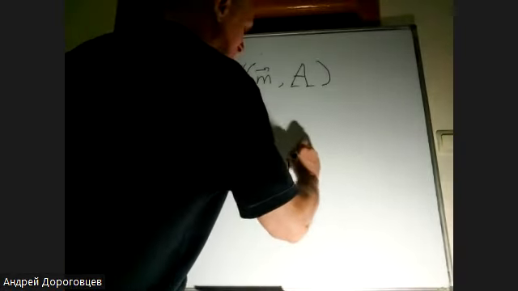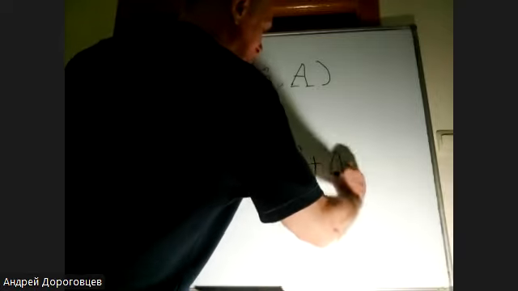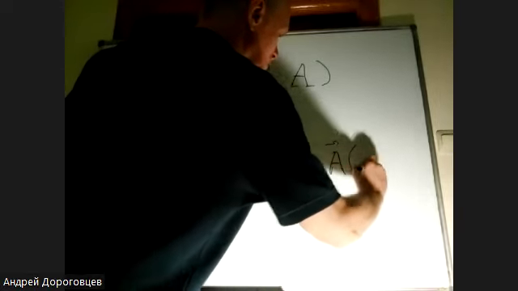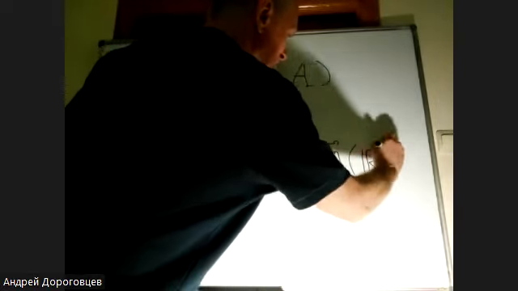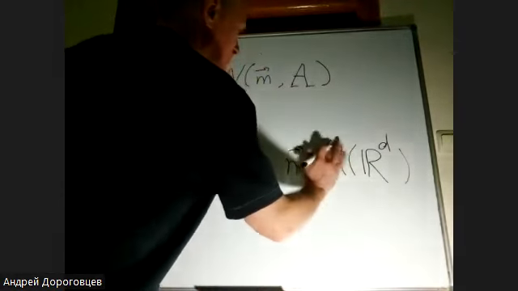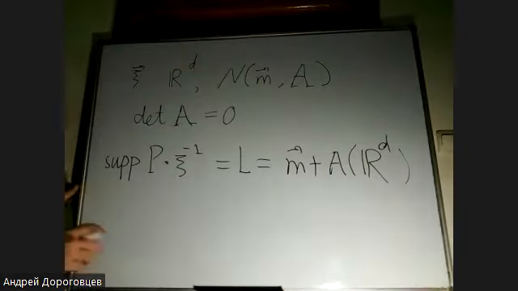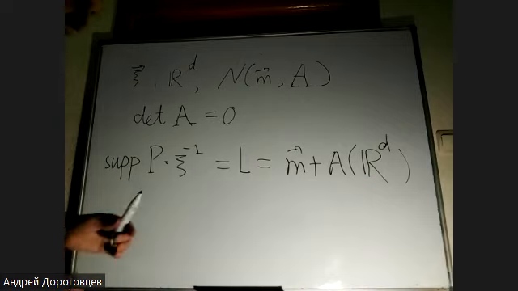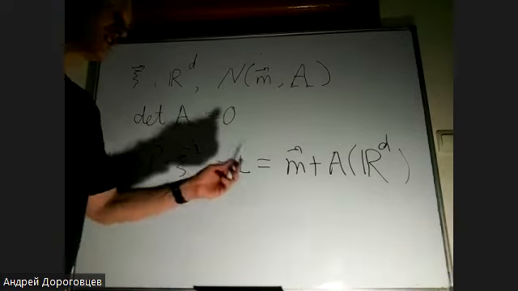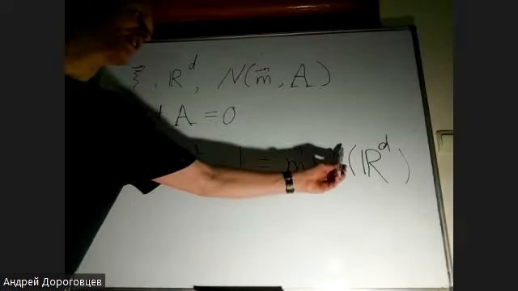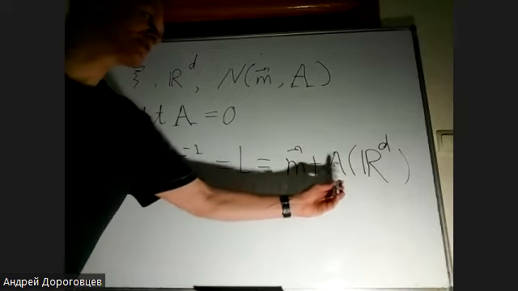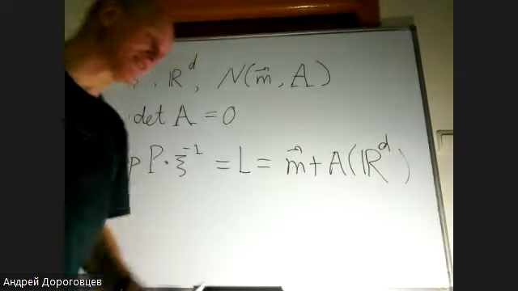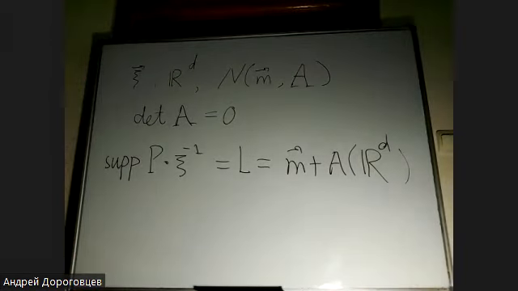m plus the image of A from R^D. Actually, in our considerations, we started with A to the 1/2 power, but the image will be the same due to the finite dimension of R^D.